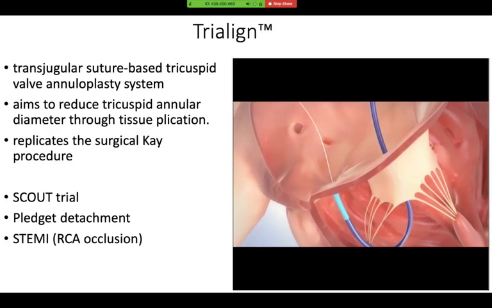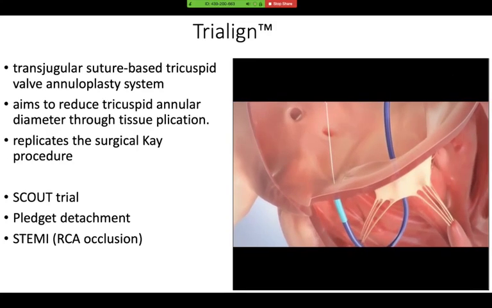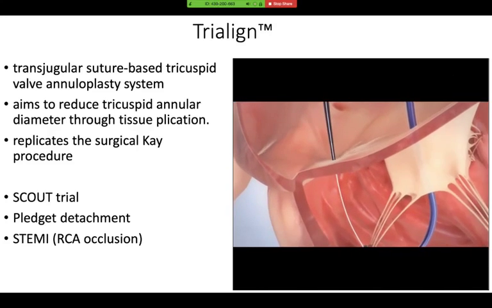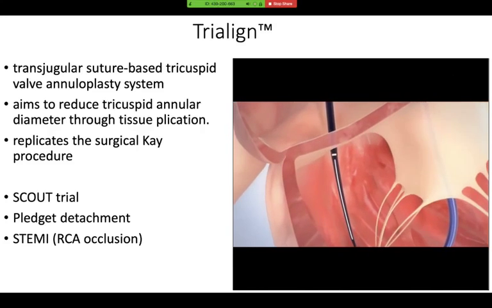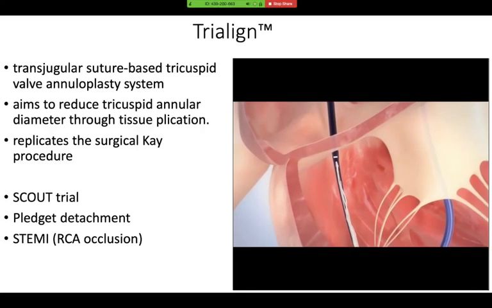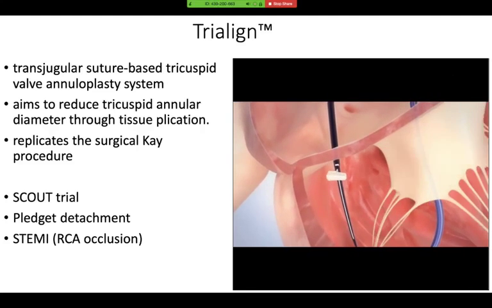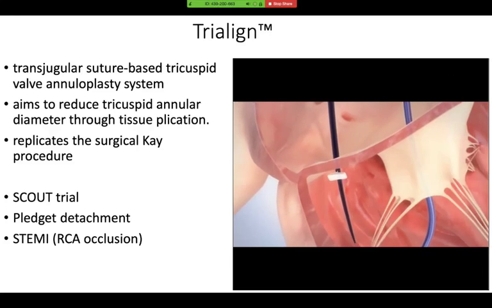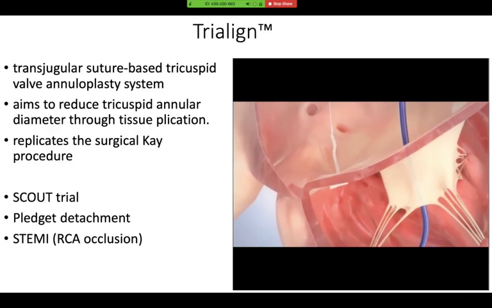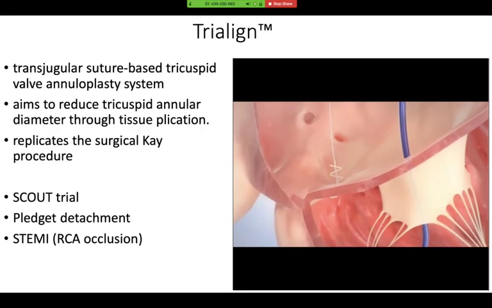The aim of this procedure is to reduce the annular size by tissue plication. So it replicates the surgical Kay procedure. You pass a guide wire through the tricuspid valve and deploy sutures on the ventricular side of the posterior and the anterior leaflet, as you can see in the illustration.